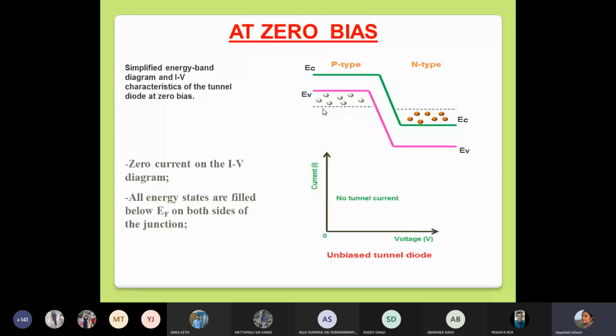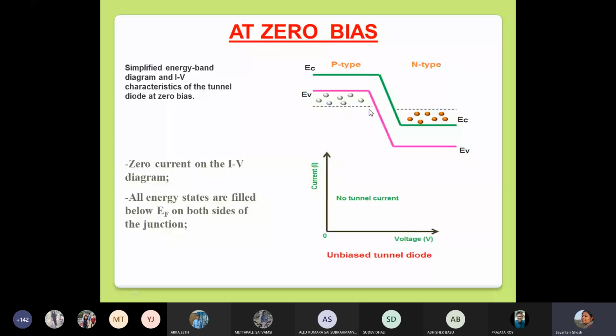Okay, so at zero bias, when there is no voltage across the PN junction, the Fermi level has to be at equilibrium on both sides because they are highly doped. So we have already concluded that the Fermi level will be inside the respective bands, on both sides. Okay.